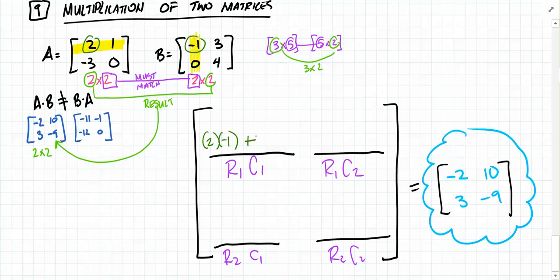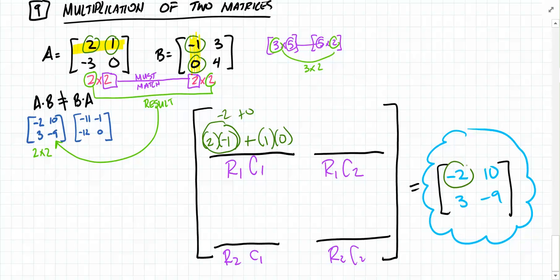There are the entries of row 1 multiplied with the entries of column 1 from matrix A and matrix B. Notice that this is a value of negative 2 plus 0, and that is where the negative 2 comes from. Crazy, right? Okay, let's move on.